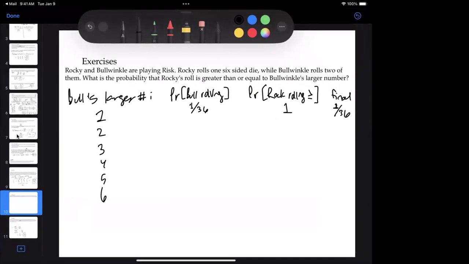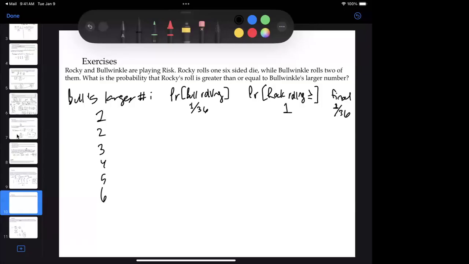All right, so I've started the first one. To explain this, consider the case where Bullwinkle's larger number is 1. For Bullwinkle to roll 1 as its largest number, it must roll 1 both times, right? Because there's no number that's smaller than 1. That happens with probability 1/6 times 1/6, which is 1/36.